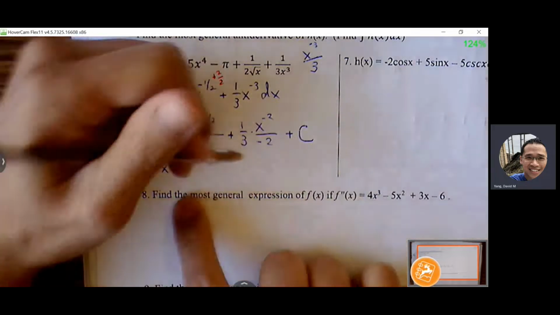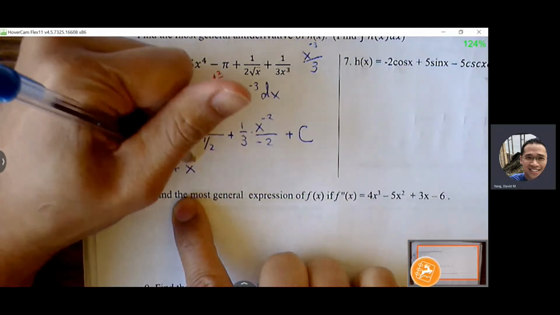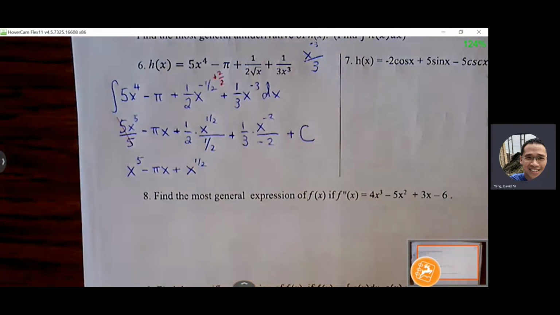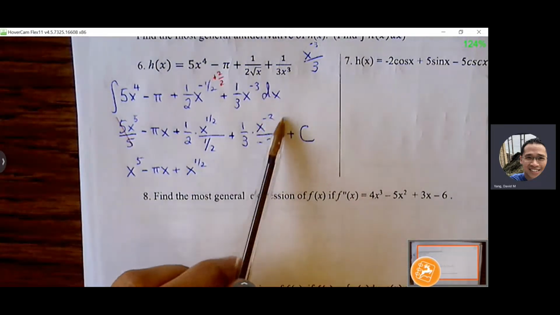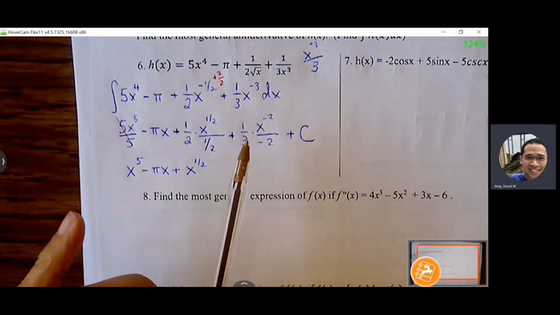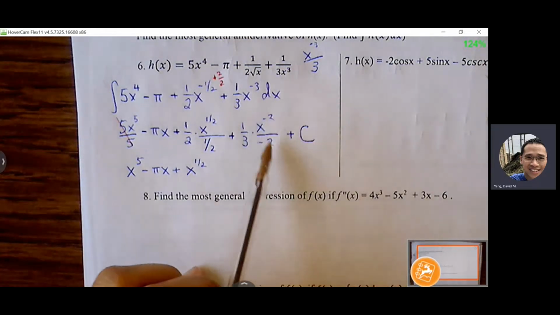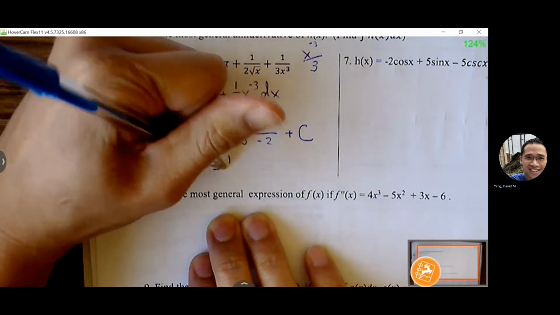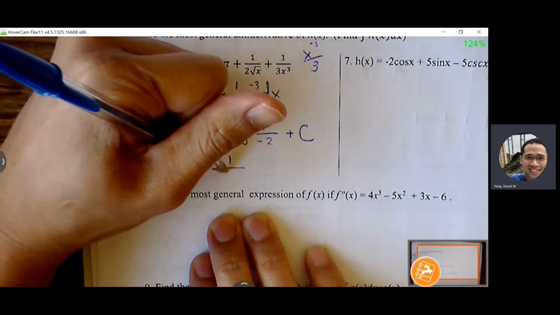So they're going to cancel each other out. Just x to the 1/2. Next term, I can multiply the 2 and negative 3 together because they're both in the denominator. But I prefer that our answer has no negative exponents in it. So we're going to push that x to the negative 2 back down to the denominator. It'll share the same space as that 6.